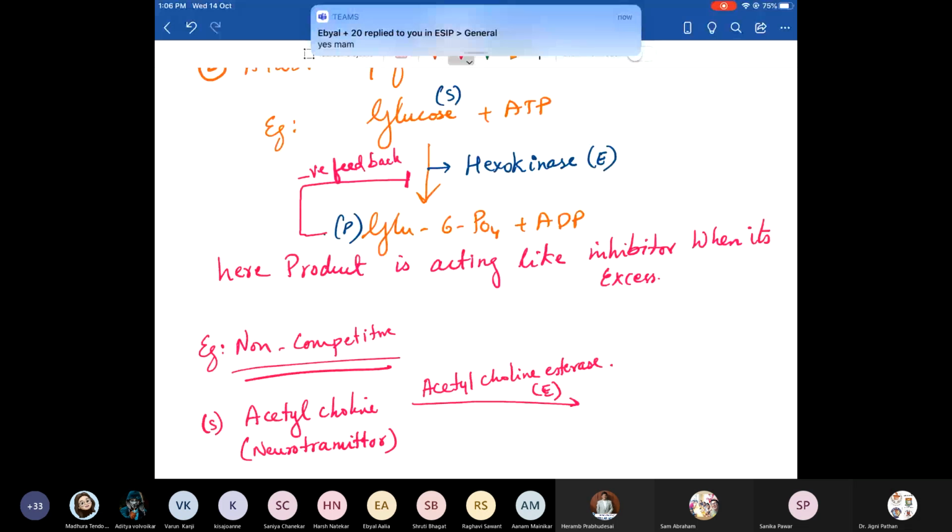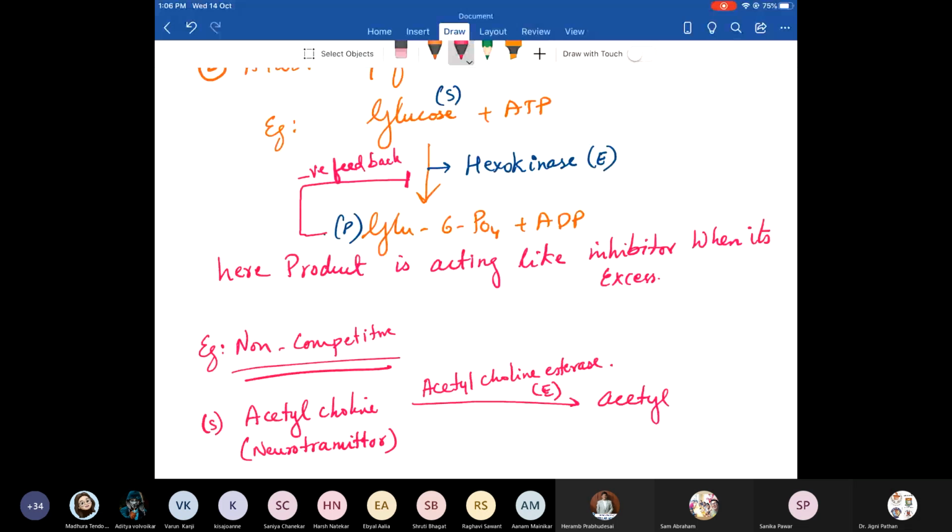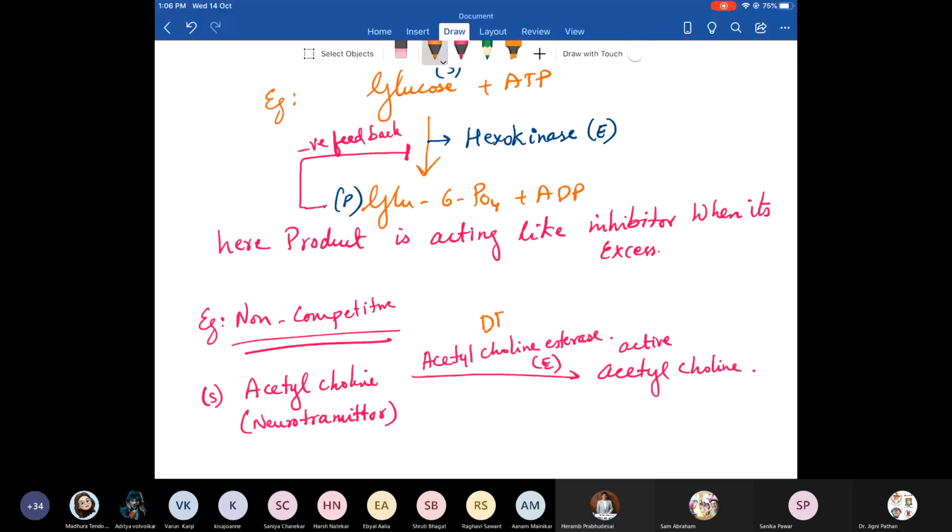You have acetylcholine, that is active acetylcholine. And here you have an inhibitor that is called DFP or nerve gas.